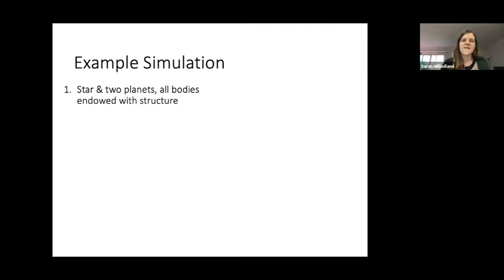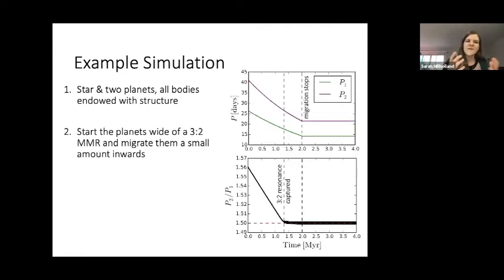The key idea is that in order to encounter the mean motion resonances in the first place, as I stated earlier, they need to have encountered some amount of orbital migration. So again, I'm just showing simulations here in which a migration rate of the planets is imposed, starting slightly wide of a 3:2 mean motion resonance and moving inwards.